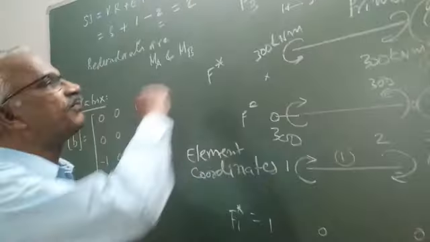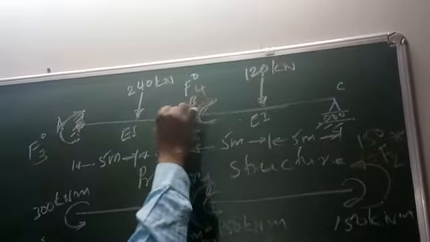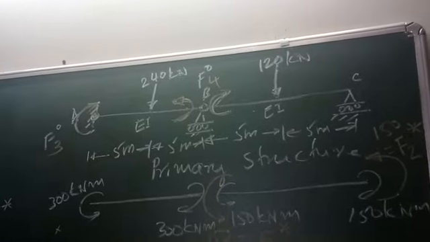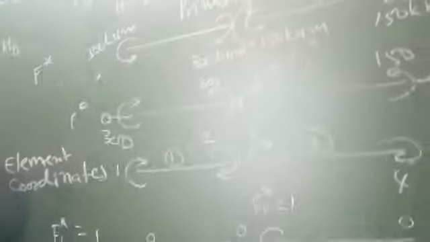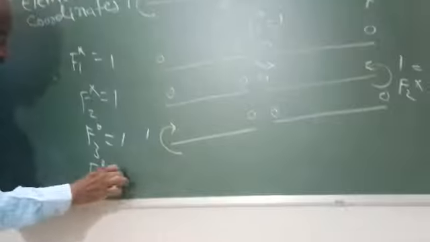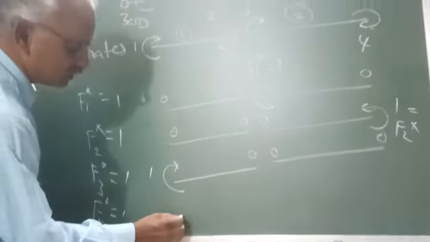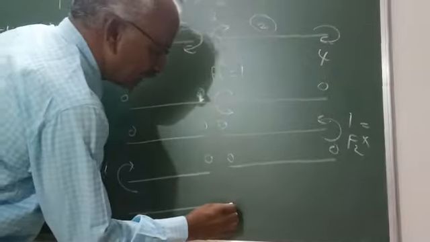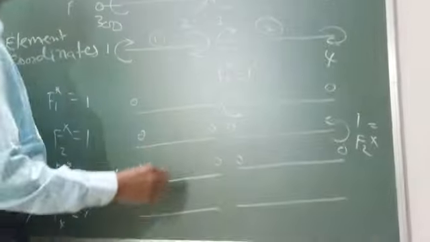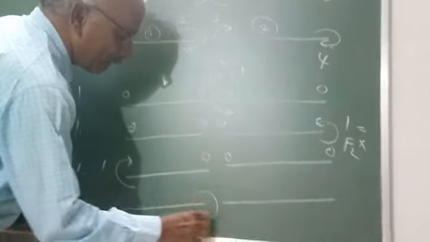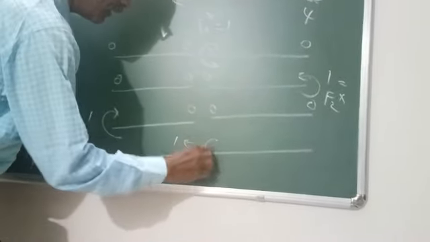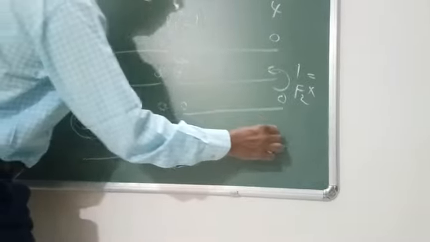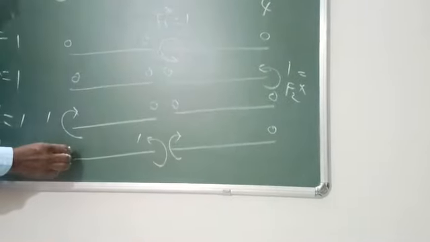Then F4 naught. For getting the fourth column, you apply F4 naught equal to unity. Since that is an intermediate hinge, you apply this as 1, this as 1. This being hinged, it will become 0. Here also this is hinged.